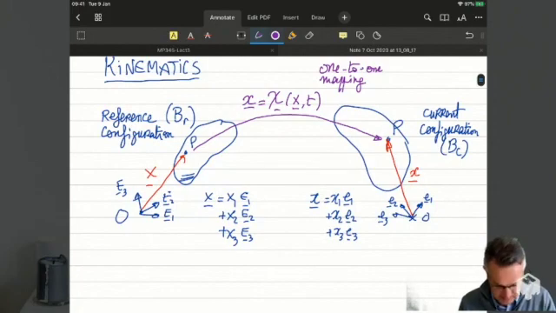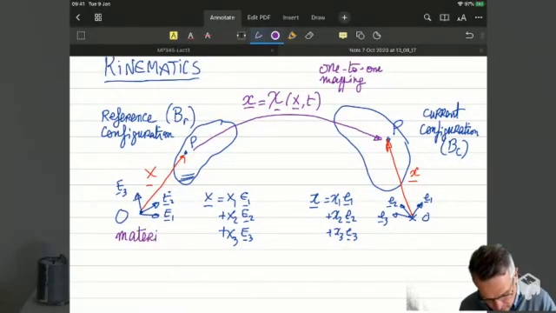associated with those notions, those concepts, right? And usually, that's the usual convention, we use capitals for what happens in the reference configuration and lowercase letters to describe what happens in the current configuration. And those coordinates, capital X, are called the material or reference coordinates, or the Lagrangian coordinates.